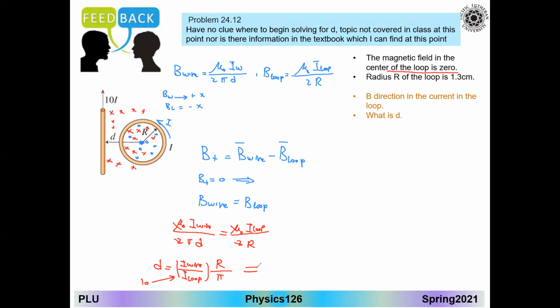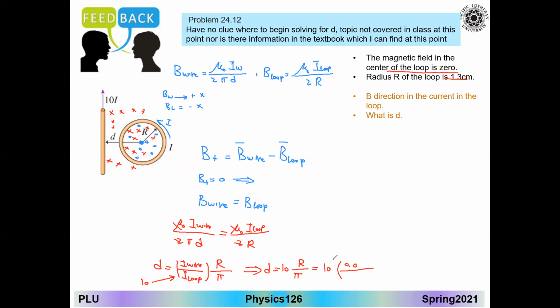Basically D will be 10 times the R to pi ratio. I have here the 10, and the radius is already given.